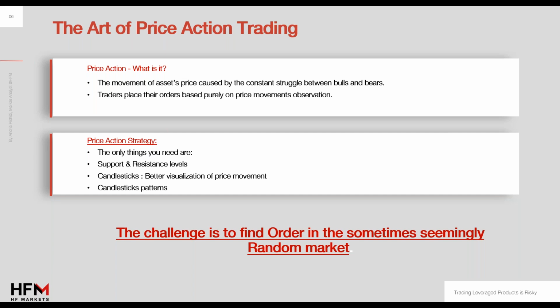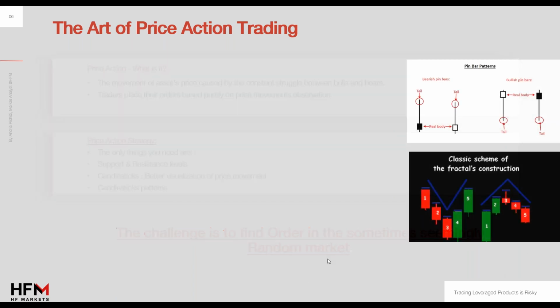And the candlestick patterns that you might already know, like the equilibrium pattern, for example, or harami, which I mentioned before, are all examples of visually interpreted price action. So the aim here is to find order in the sometimes seemingly random movement of the price. So let's move on.